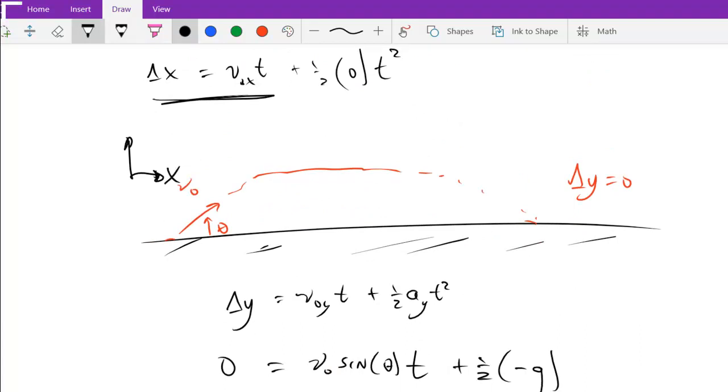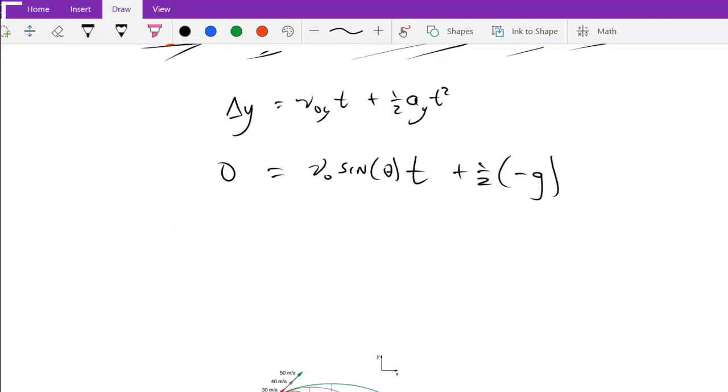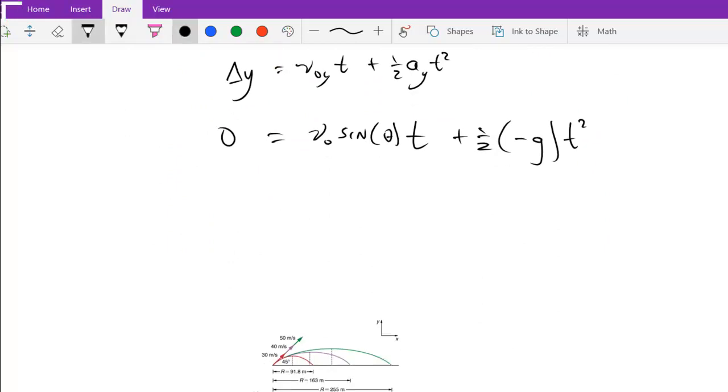Here's our x, here's our y. So the acceleration y would be negative g, times time squared. And then if we factor this out, we have 0 is equal to t times v naught sine theta minus 1/2 g t is what this comes down to.